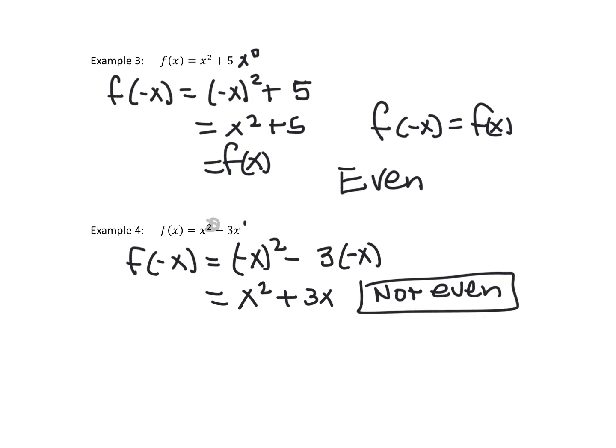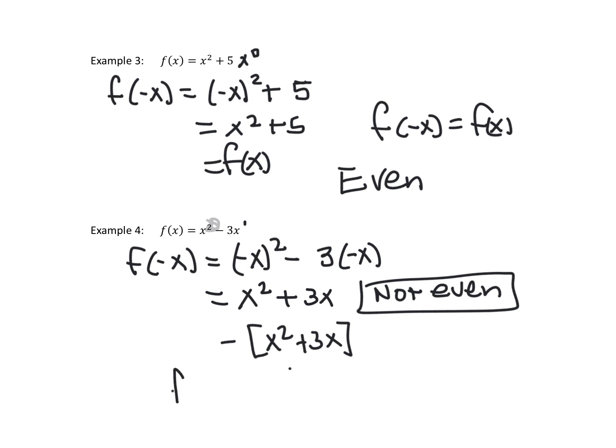Let me check odd. So I'm going to factor the negative out. So this is going to be negative x squared, and this is going to be negative 3x. And also, if I look at this, it is not like the original. If I factor out, this should be positive. This is not f of x.